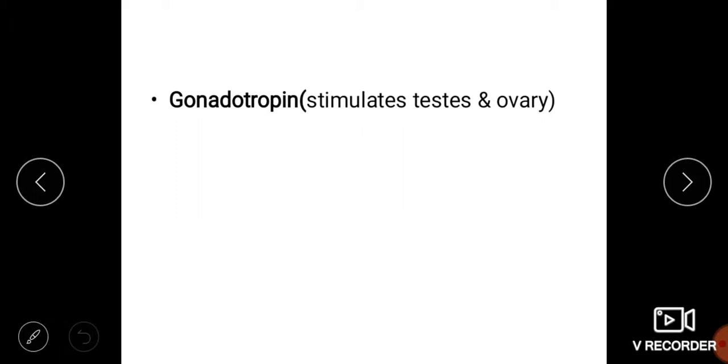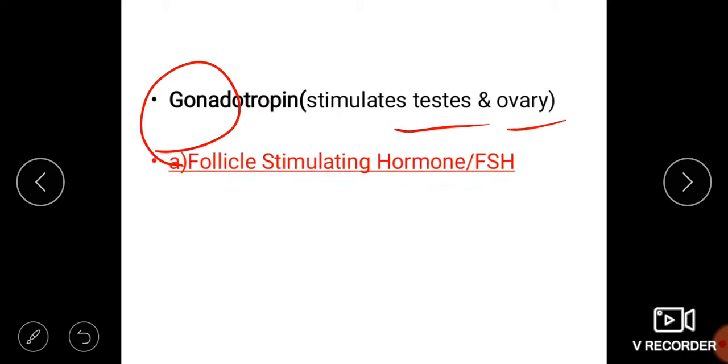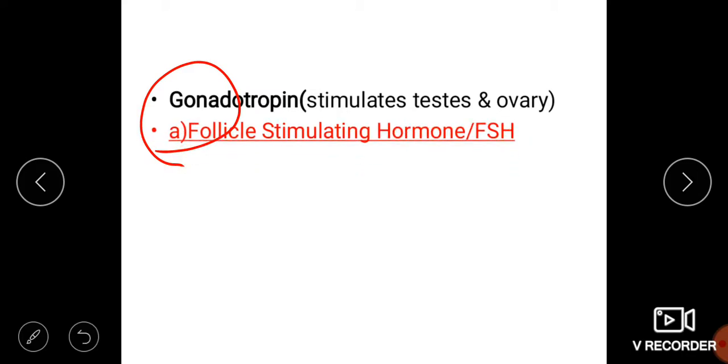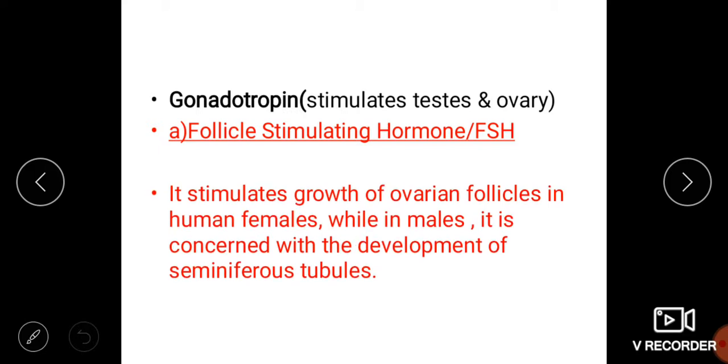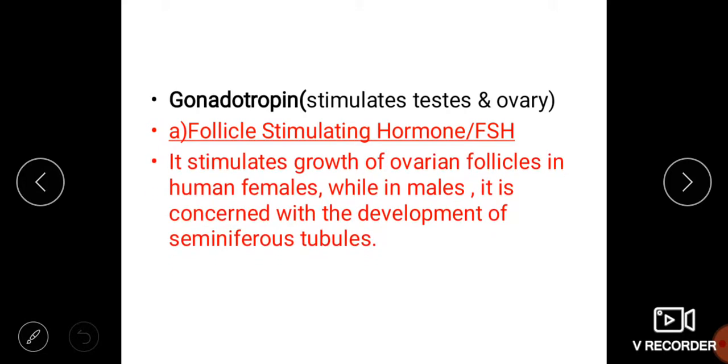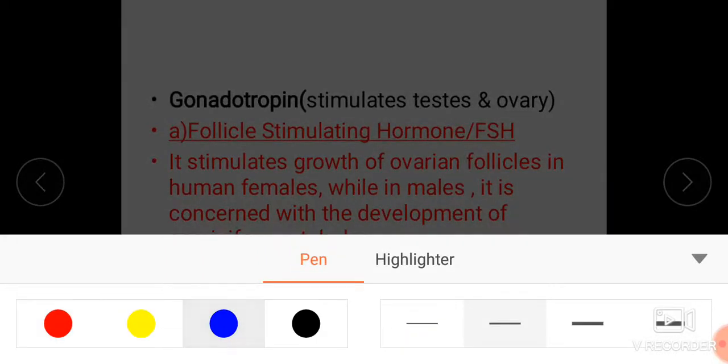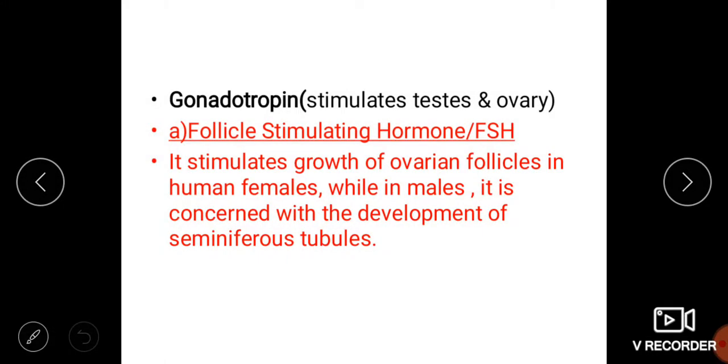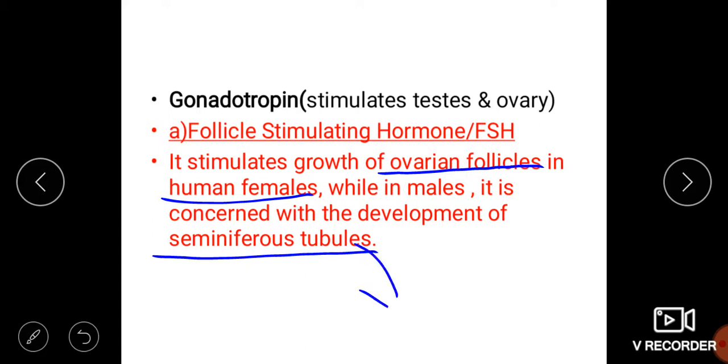Gonadotropins. The gonads are the testis and ovary, of which the first gonadotropic hormone is follicle stimulating hormone. This hormone stimulates the growth of ovarian follicles in human females, and in human males it is essential for the development of seminiferous tubules and production of sperms.